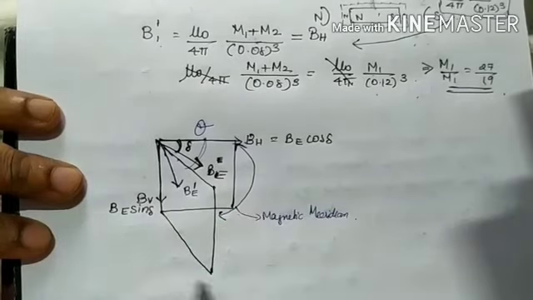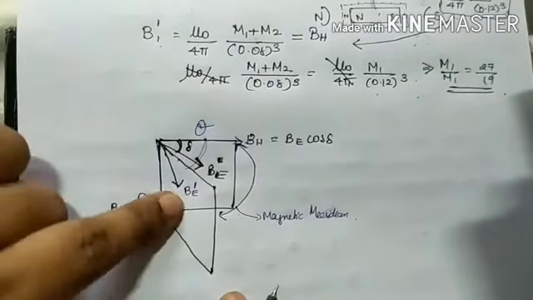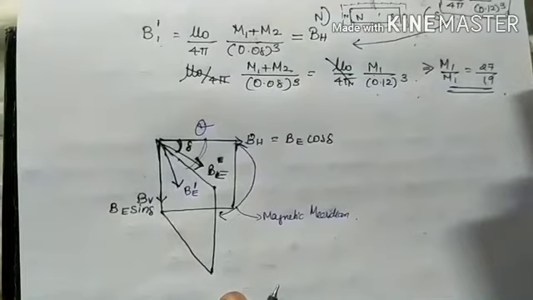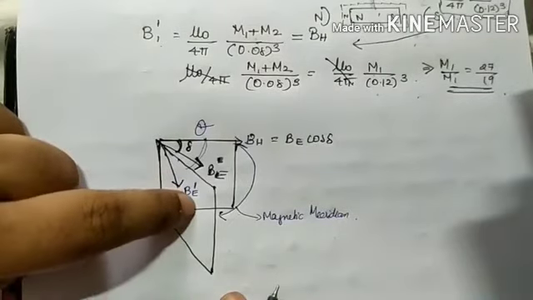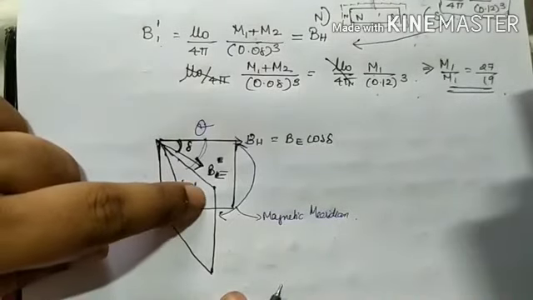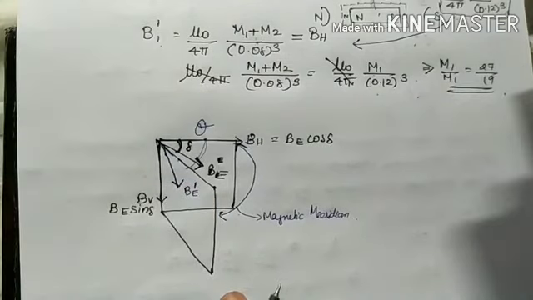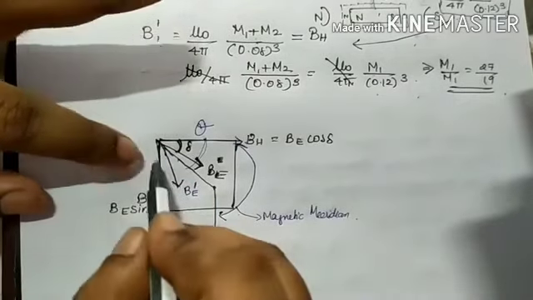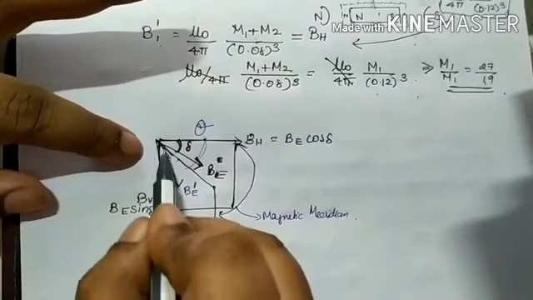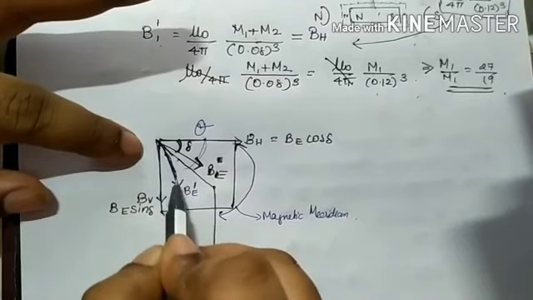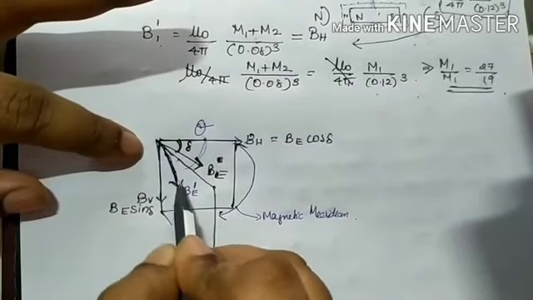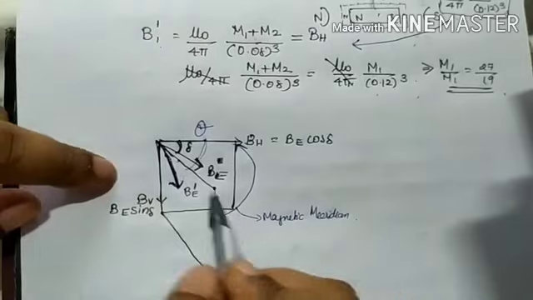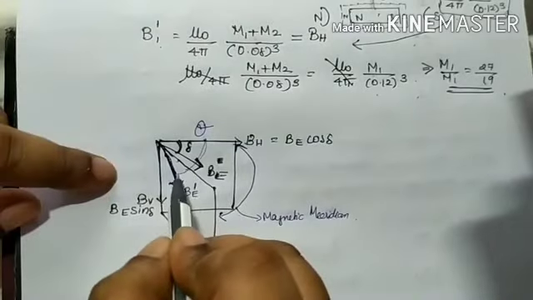So this BE dash is actually the position of the dip needle in that plane. But see, it is not the actual net magnetic field's direction. The net magnetic field's direction is what I have drawn before in the magnetic meridian. So this is actually a false indication of the needle, because it doesn't have any other way. We considered a wrong plane. So this is the indication of the false net magnetic field.